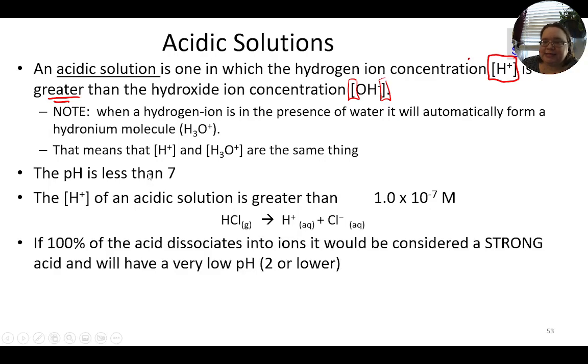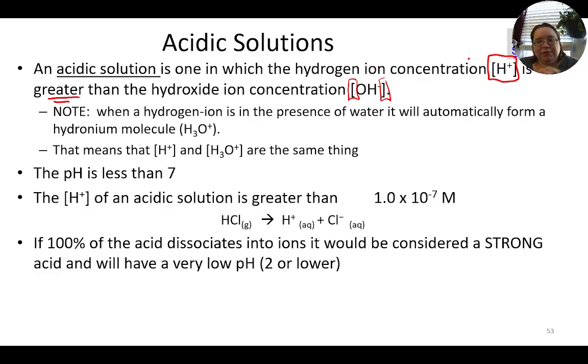A strong acid is a substance where all of the particles completely dissociate, completely separate into their individual ions. Our halogen acids, except for HF, are some of the strongest acids that you'll encounter. When you put them in water, they completely separate into their representative ions.